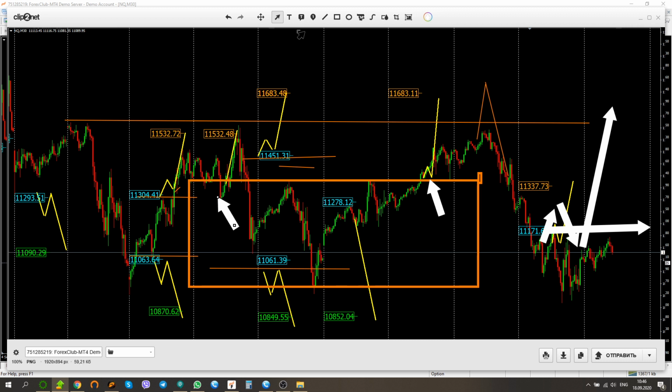For example, the same situation with selling here. We should be selling only after breaking this level. Here we have broken this level, yeah, with two red candles. It means okay, then we can enter the market here.